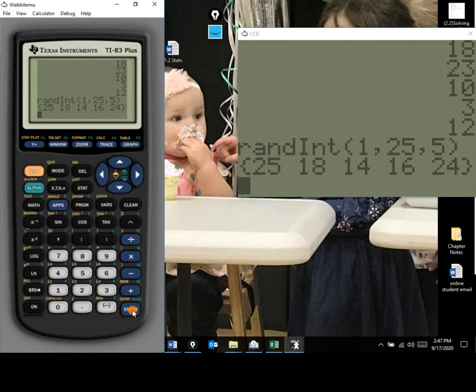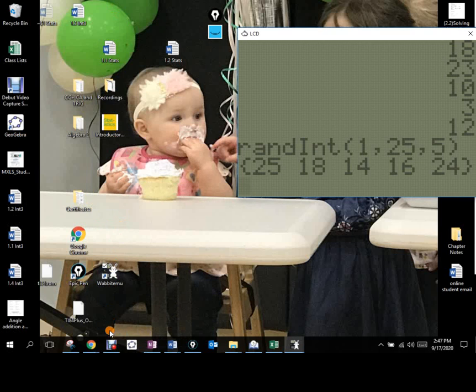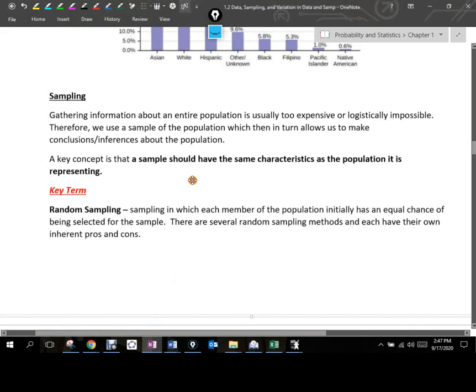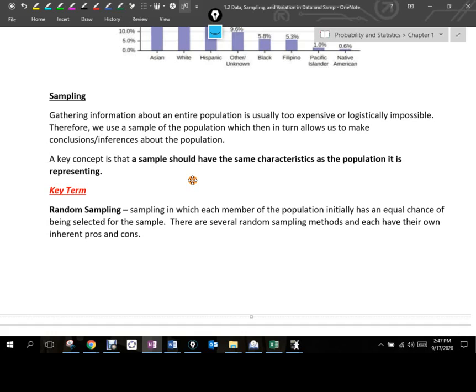But those are relatively new technologies. We've been using statistics forever. Think about the computer and the calculator. They're only around since like the 70s, okay?